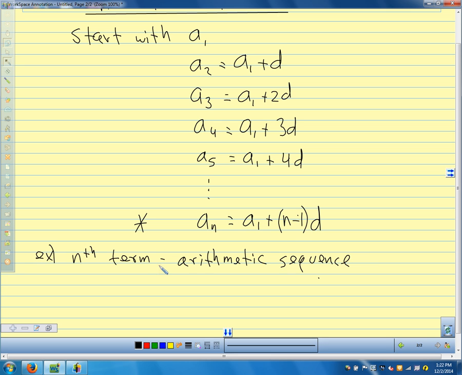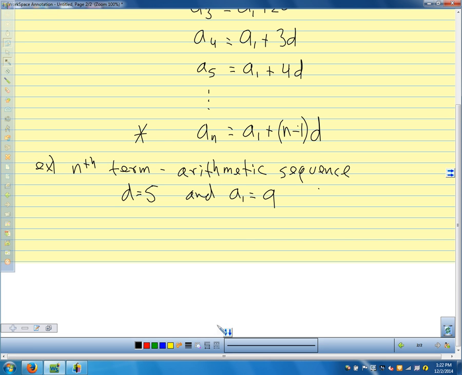We want the nth term of the arithmetic sequence with d equals 5 and a sub 1 equals 9. So all I have to do is plug into my formula. A sub n equals a sub 1, so that's 9, plus n minus 1 times d, which is 5. And I'm just going to simplify this a little bit. I'm going to distribute the 5. So a sub n equals 9 plus 5n minus 5.